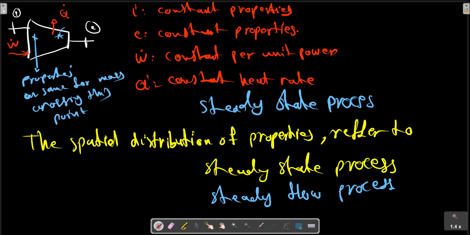Let us now consider the significance of each assumption for a steady-state process.